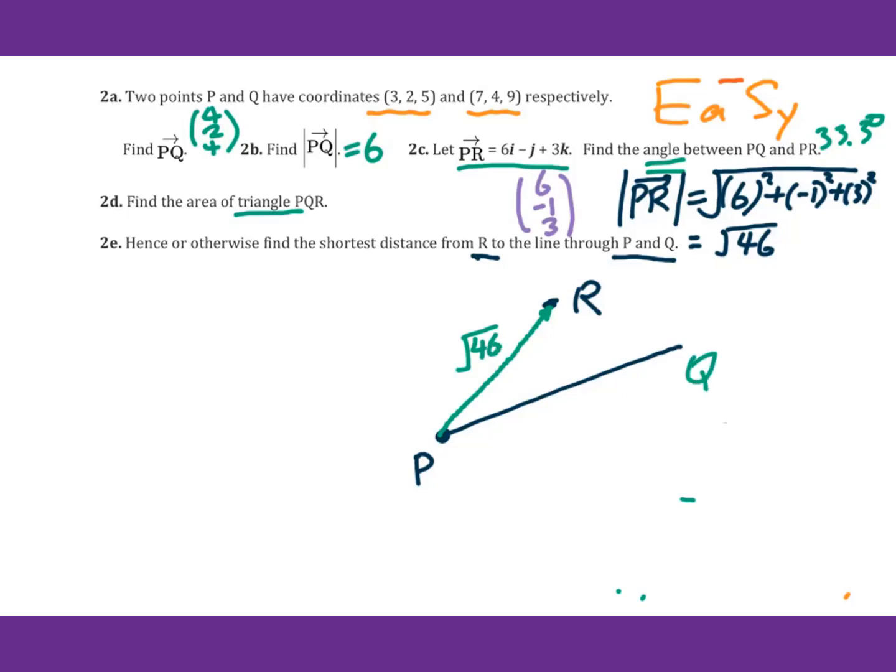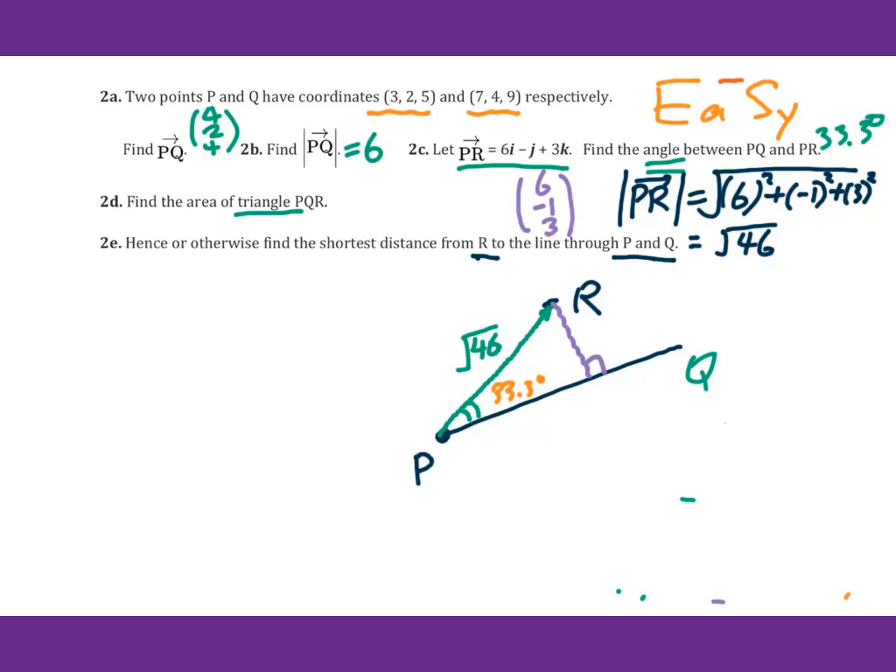This angle will be 33.3 degrees. For the shortest distance from R to the line through P and Q, I need to draw a perpendicular line like this.